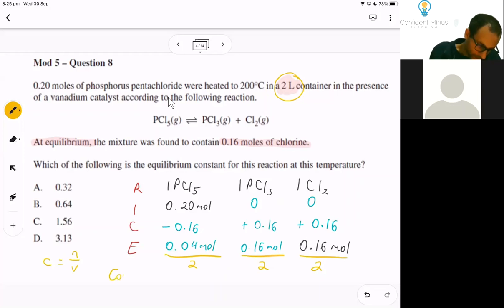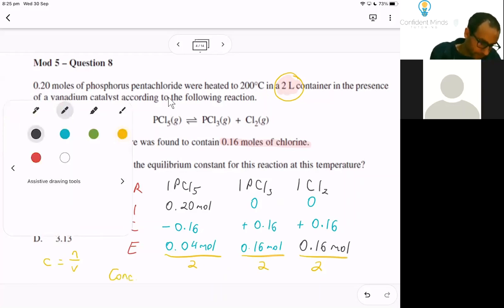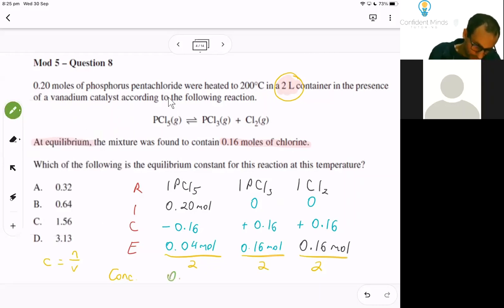So I'm just going to write concentration down here. We get 0.02 moles per liter, 0.08 moles per liter for each of those. And now we can do the last step.